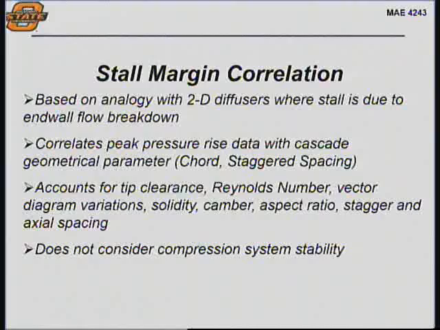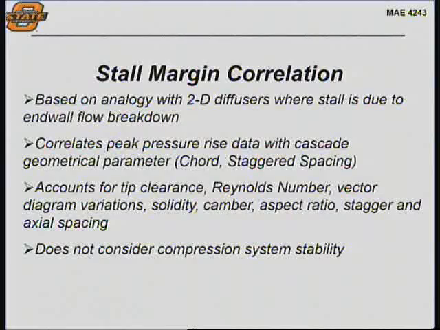and at the same time have increased pressure ratio without actually stalling it. So something called the stall margin correlation was developed, based on an analogy with 2D diffusers, something we talked about when we discussed subsonic inlet designs, where stall is due primarily to the end walls. In an annular compressor, the end walls are the area near the casing and the hub deteriorating to the point where it separates.